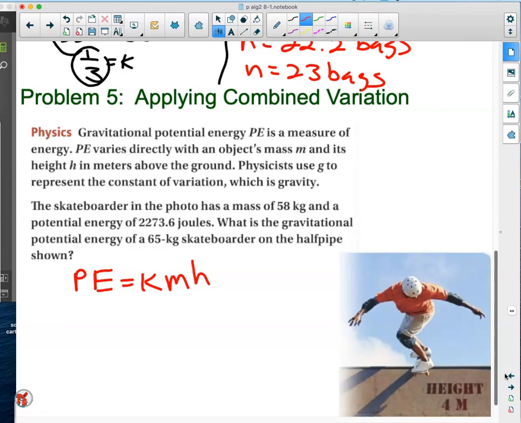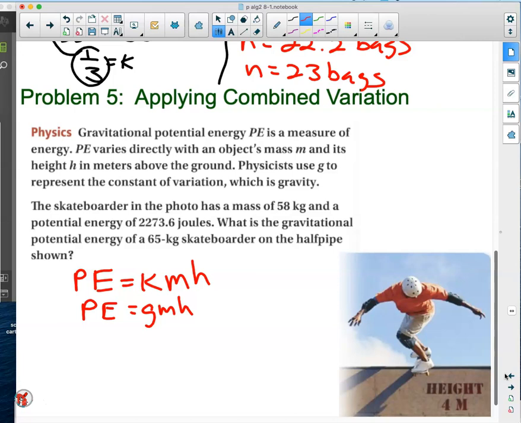We know that it should be jointly, but you know, they're science people, so they're doing the best they can. So PE varies directly, which would be multiplication with M and H. Physicists use G to represent the constant of variation. Oh, okay, so we won't use K, we'll use G so we can be physicists.